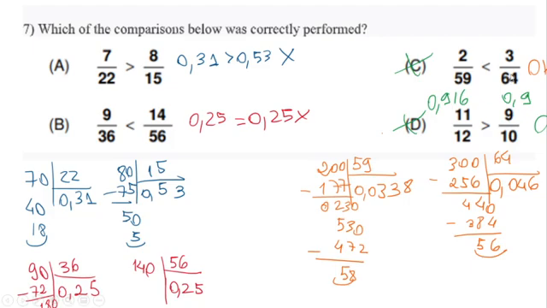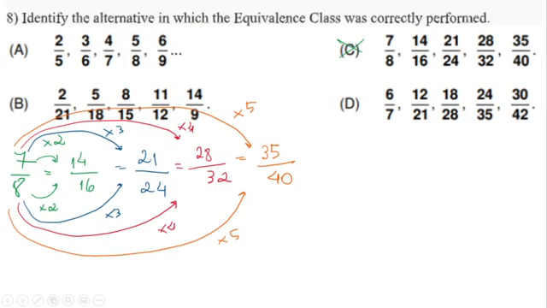Here it's okay, it's fine, and here too, right? Then, identify the alternative in which the equivalence class was correctly performed. So we are going to multiply by 2, it's okay, by 3, then by 4, and by 5, so the option C.